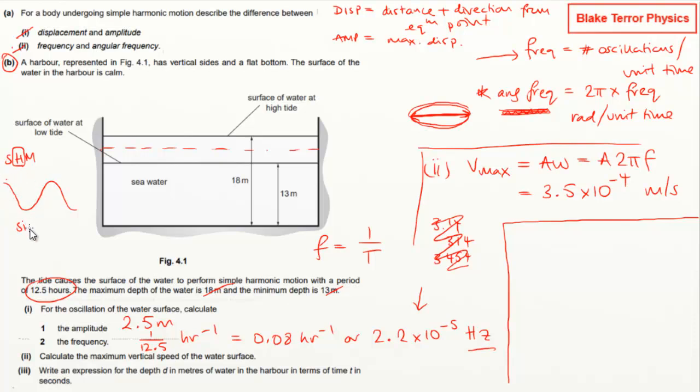And this could be sine or cosine. It doesn't matter which one we're doing, because of course they're the same shape. The only difference is a time shift. So it's deciding where our 0 time is, our t equals 0. You can pick either of those, because they haven't said anything about what our 0 time is. So let's go with sine, but it really doesn't matter.